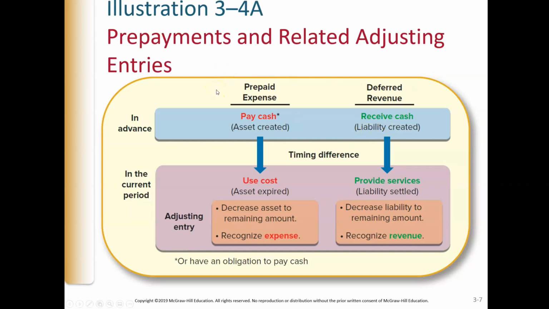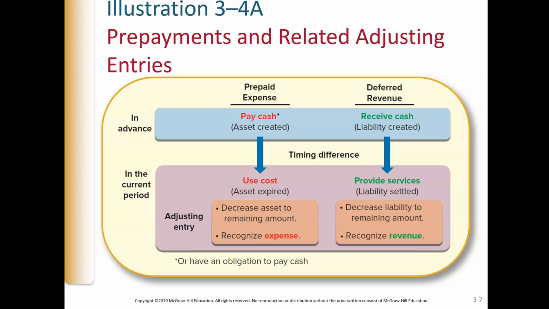So there are different types of adjusting entries. There's prepaid expenses, and I'm not going to go through all of this. You can read this. There's deferred revenue. This is in your textbook as well. But I just want to go through the basics and then do some examples and show you what it really means. So we have prepaid expenses. We know we're probably going to have to make an adjusting entry because we used some of those expenses.